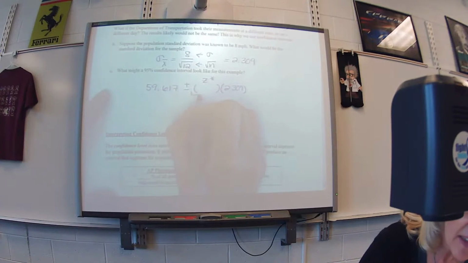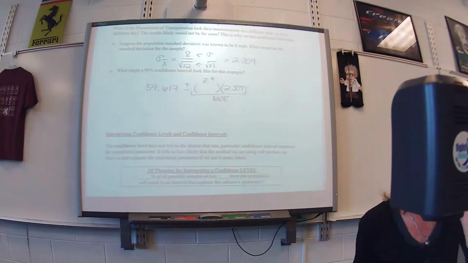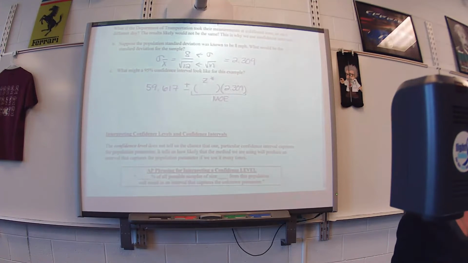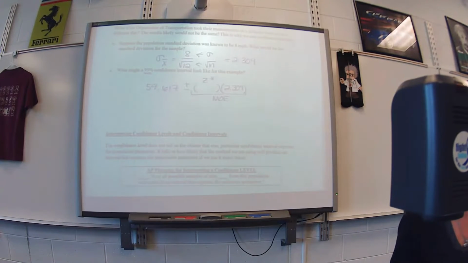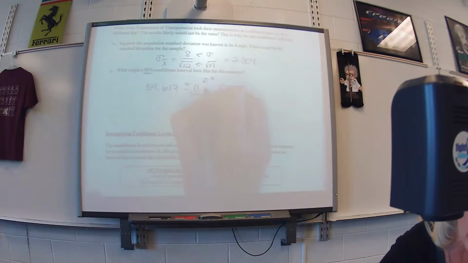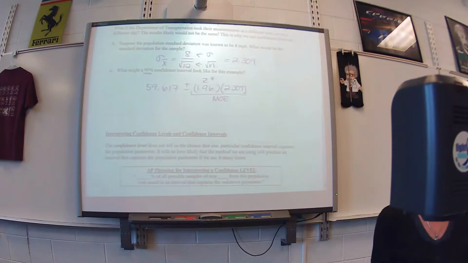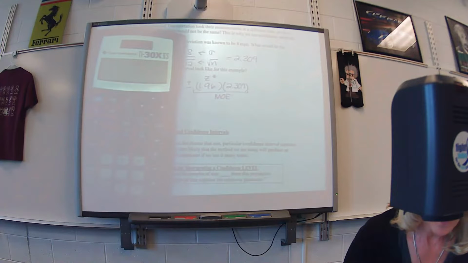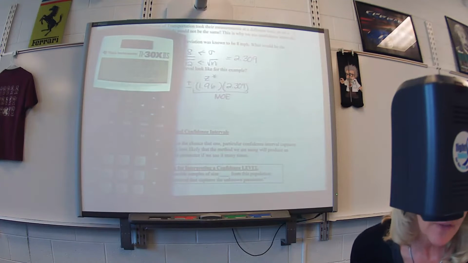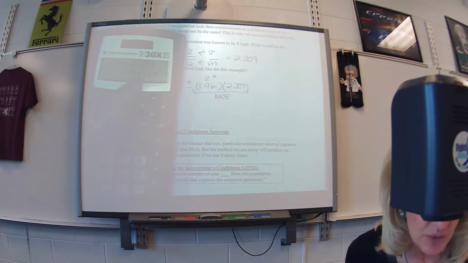And these two things together, by the way, that creates your margin of error. Now, what z star do we use? Well, since we're doing 95% again, which is a very common one, we're going to use that 1.96. So the margin of error itself is 1.96 times 2.309. So the margin of error itself is 4.526.